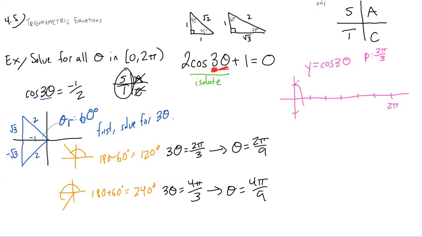So it's going to go down, then up, down, then up, down, then up. So there's 3 full periods, which means that our answers of -1/2, which are occurring around here and here, let's call them theta 1 and theta 2.